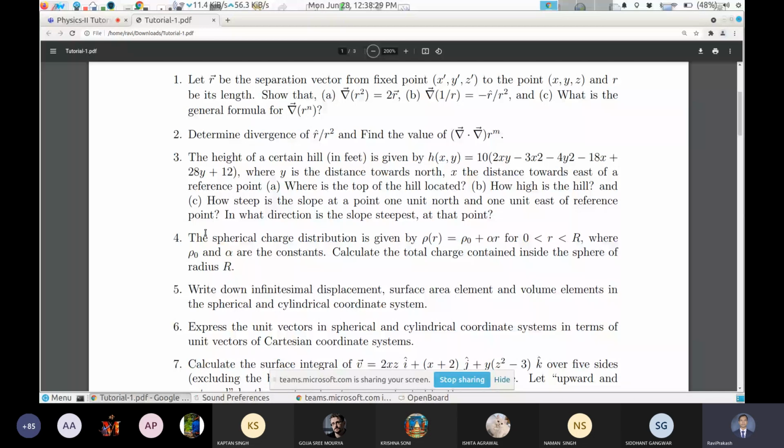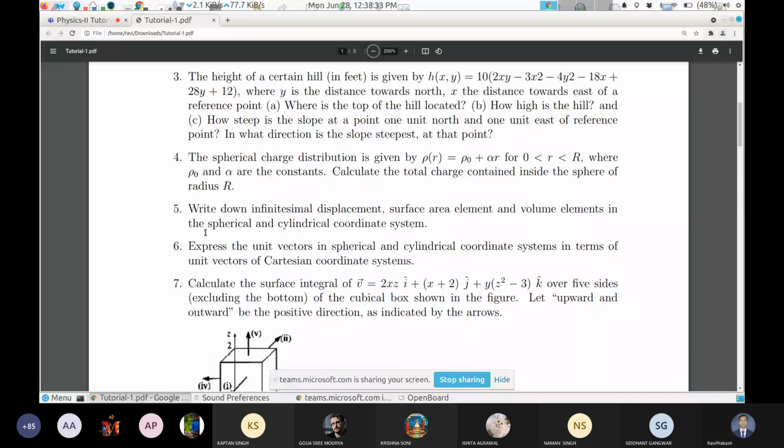I have asked you many times to do this on your own. In spherical and cylindrical coordinate systems, express the unit vectors in terms of the unit vectors of the Cartesian coordinate system. So please do it.